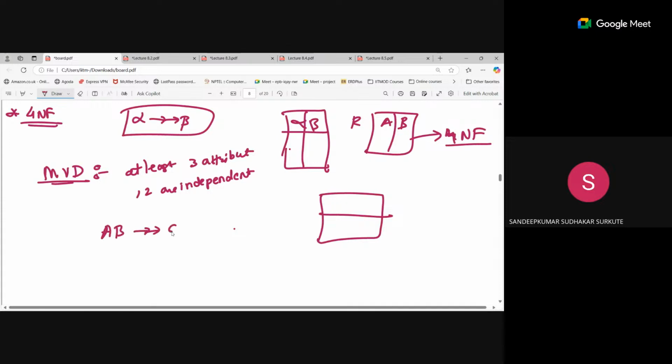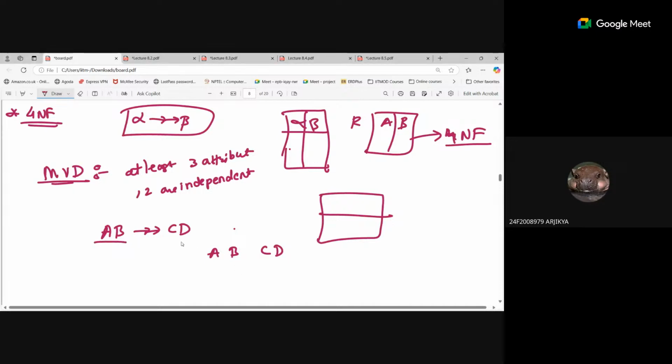When we have broken down the relations, now the new relation is in 4NF, we are saying, but that's not correct, right? I'll try to go to the slide. Let me share. When we break the relations into decomposition, we get only unique values.